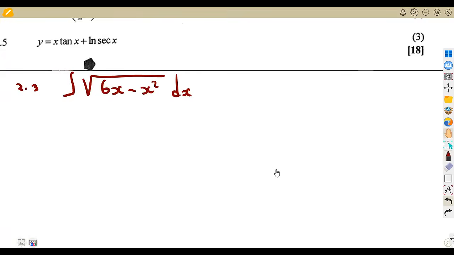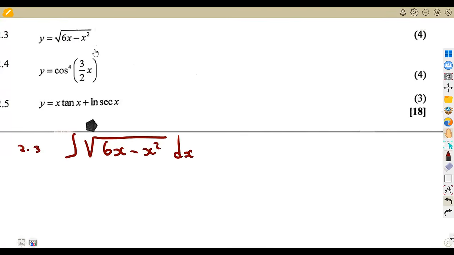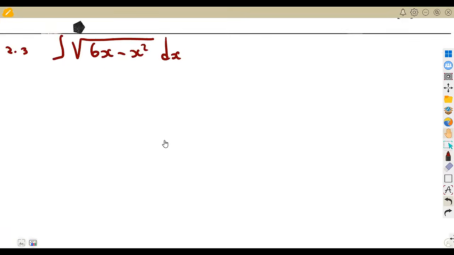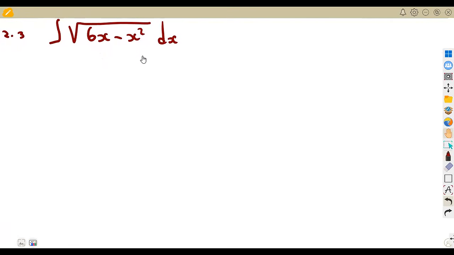Remember, once you are given the square root and an algebraic expression, this quadratic expression, we are supposed to think of what? Completing the square method.